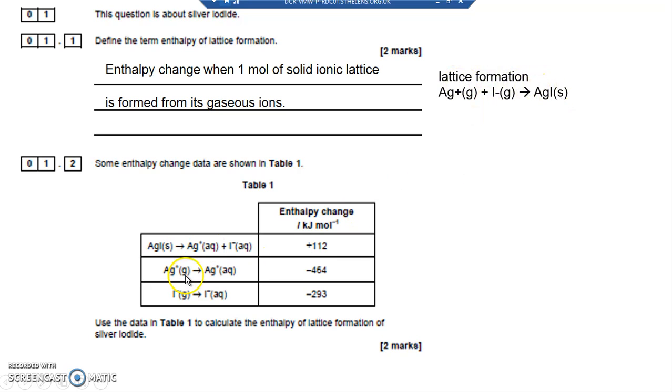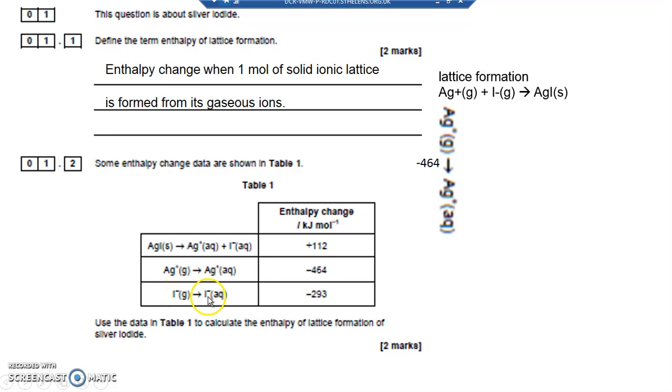And then we use these and piece this together. Have we got anything with Ag+ in it? Yes, we have. We've got Ag+ gas going to Ag+ aq, so this comes down to Ag+ aq, and it tells us the enthalpy change is minus 464. Have we got anything with I- gas in it?